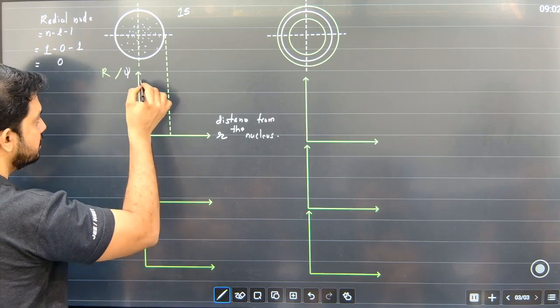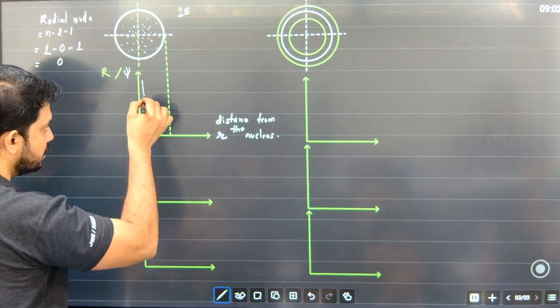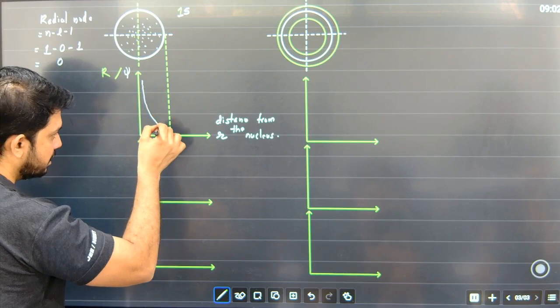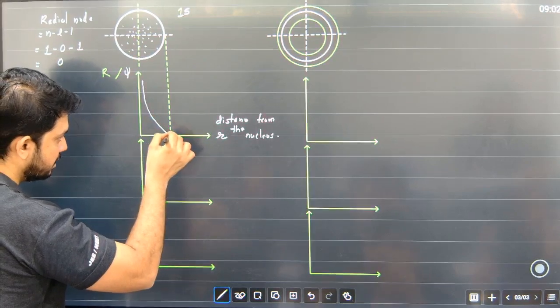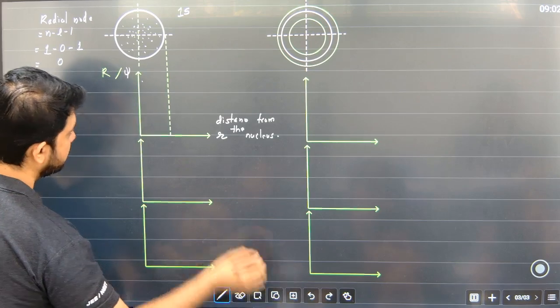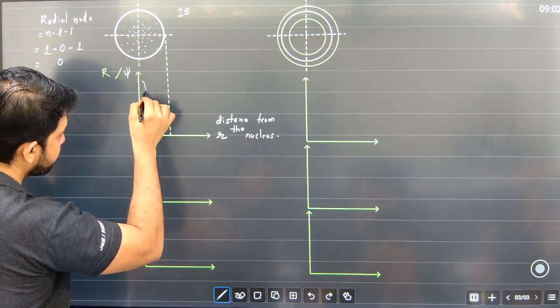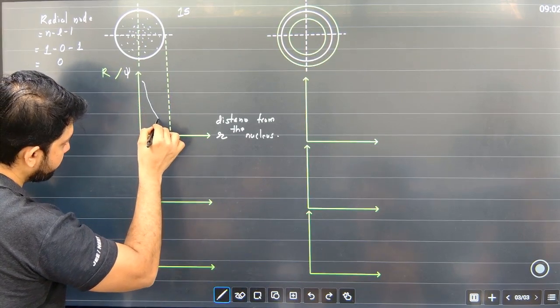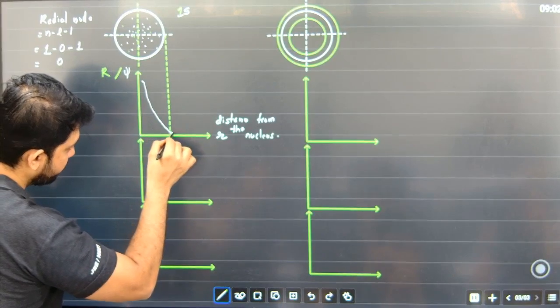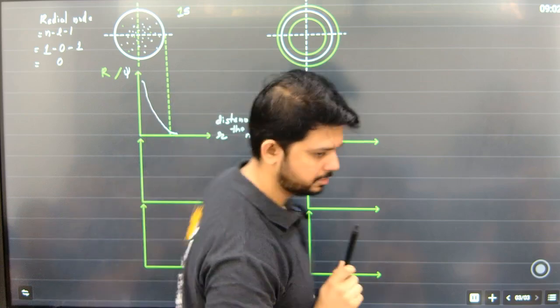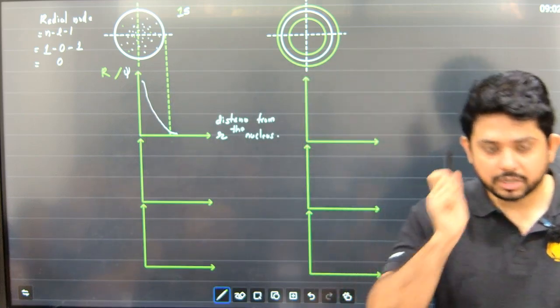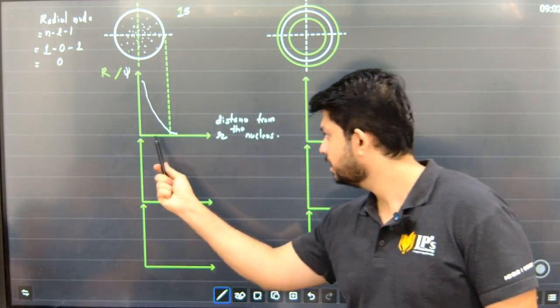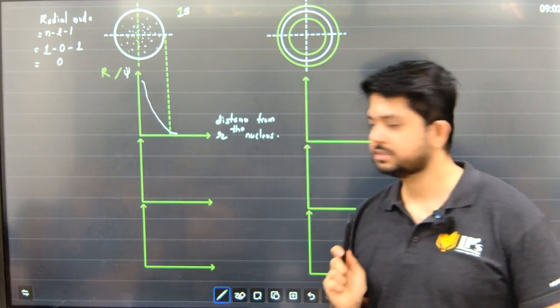Decrease होने लगा. The plot would look something like this. It will not touch the axis. Huh? It won't touch the axis.